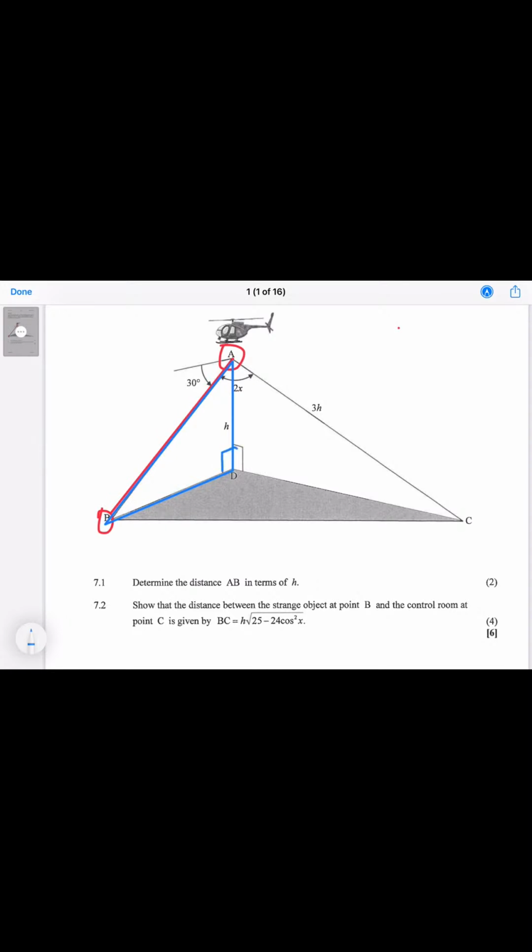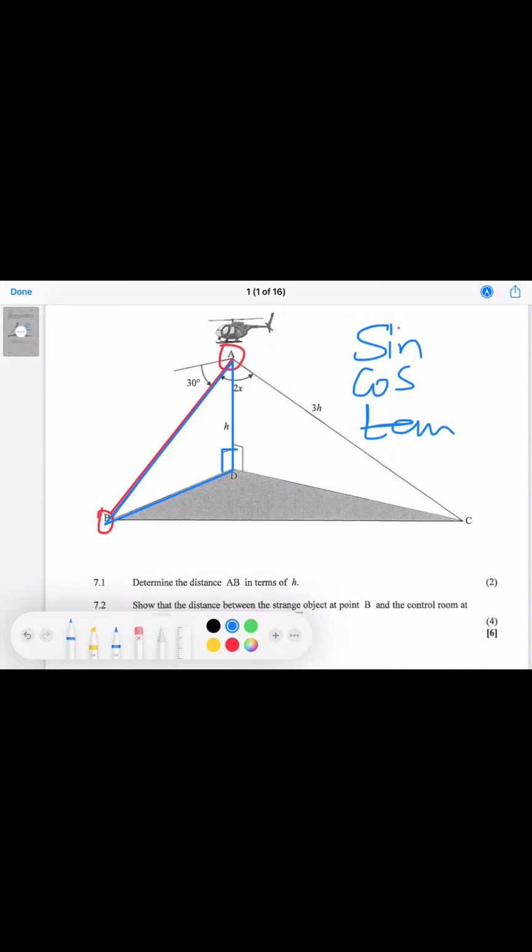So you realize it's actually a right-angled triangle, which means you can use the trig ratios, meaning you can use sine, cos, or tan. It all depends on the information that you have. But something very much important, you realize you actually have a very nice shape there, from there to there to there.